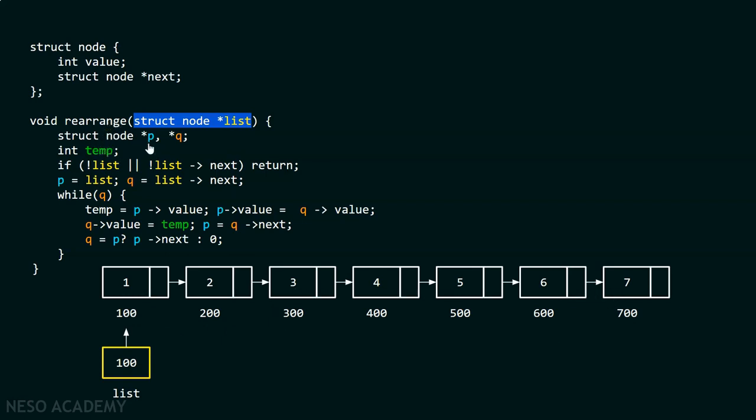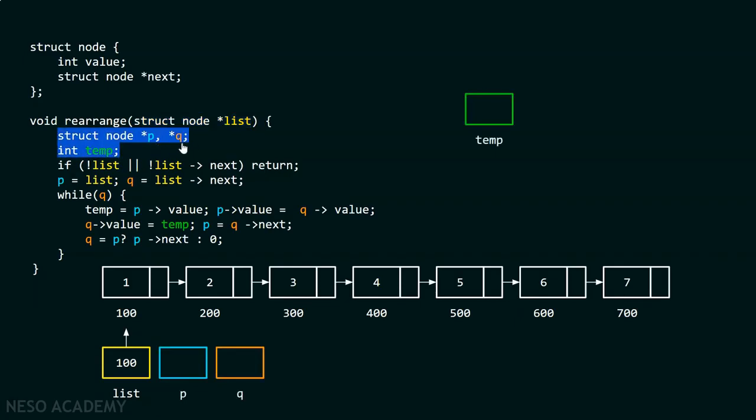Inside this rearrange function, there are two pointers declared and one temp variable declared. We have these two pointers p and q and temp variable. Within this if construct, we are checking this condition, not list or not list next. Now what does it mean? List contains this address 100. Obviously we can replace this by 100. We know that 100 is some value other than 0.